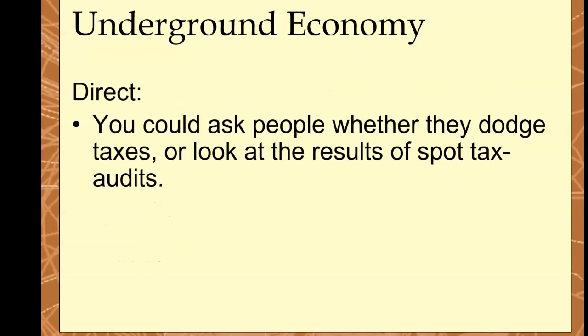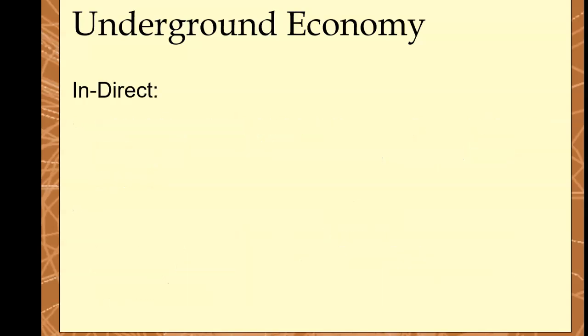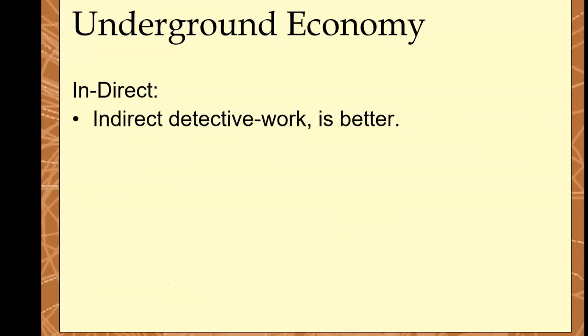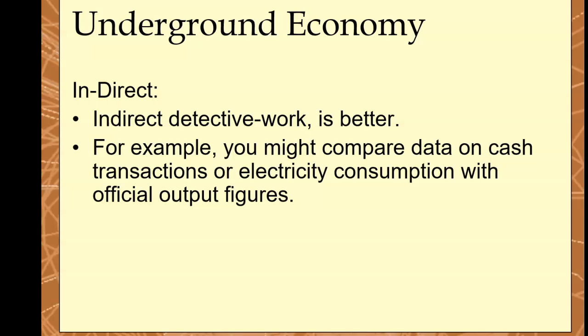The indirect approach is basically you could look at the data on cash transactions compared to electricity consumption or other output figures. For example, if you have relatively little activity being reported, but there's a lot of energy consumption going on, that energy must be going towards some sort of activity. Therefore, the activity must be underreported.